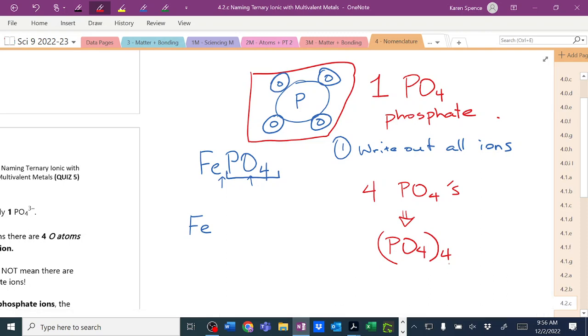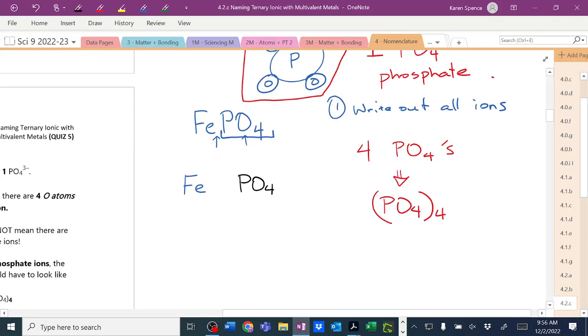Okie dokie. So we have an iron. We have a PO4. Write out all the ions. Look up the charge of the negative ion. Okay, what's the charge of that ion?